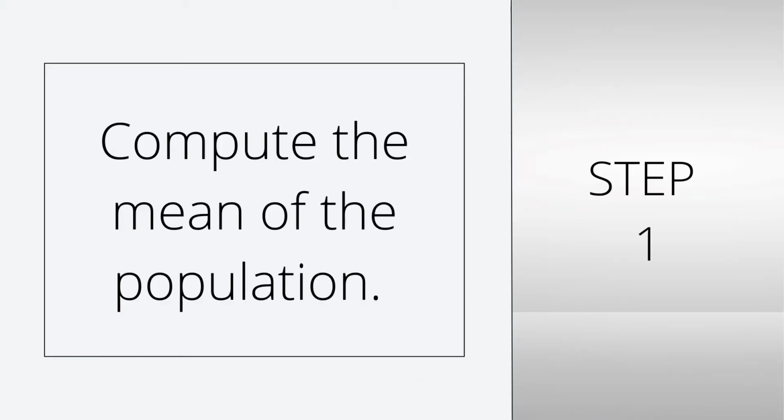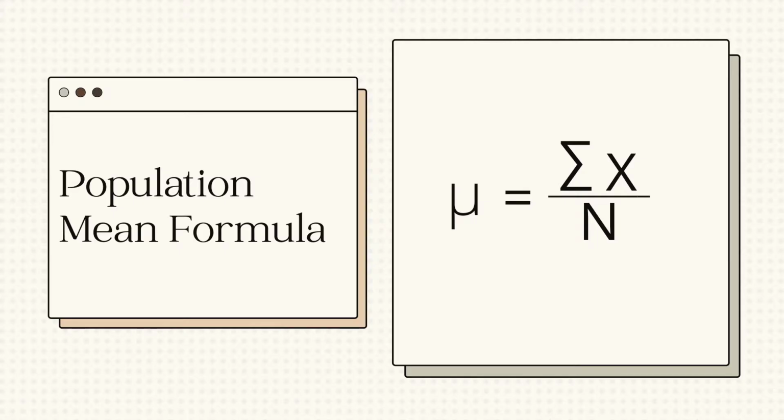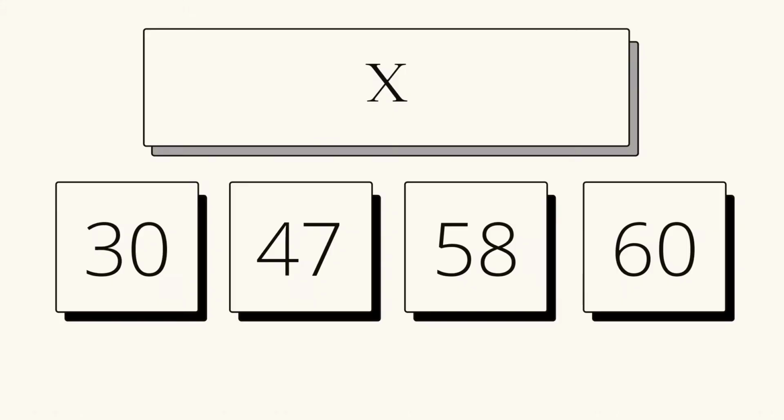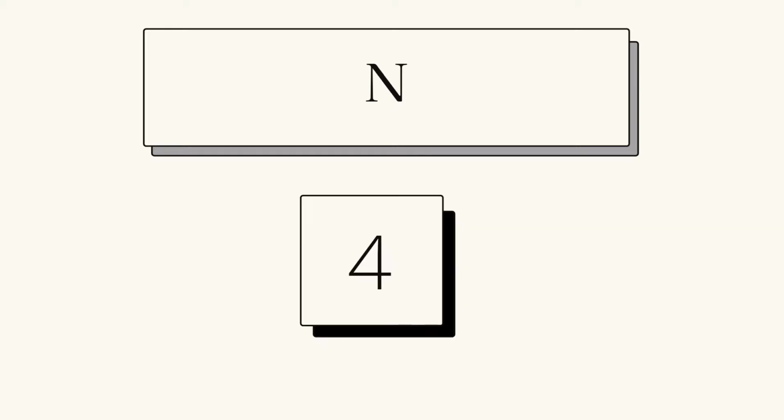Now let's proceed to the first step, which is to compute the mean of the population. To do this, we are going to refer to this formula. Mean is equal to the summation of x divided by n, where x is the data and n is the number of elements. So our x will be 30, 47, 58, and 60, and our n will be 4 since we have a total of 4 data.